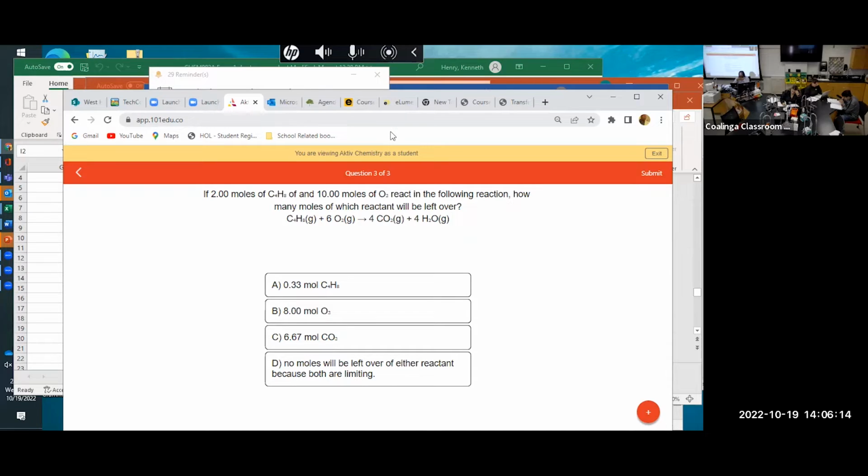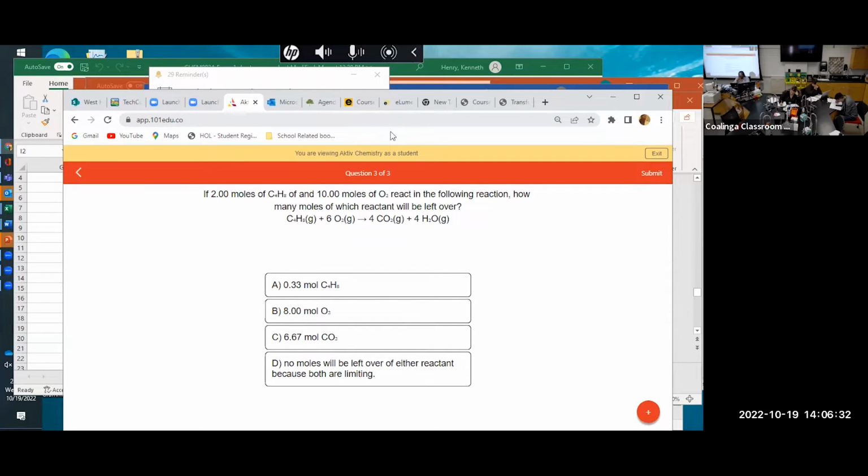You have 2 moles of butene and 10 moles of oxygen reacting in the following reaction. How many moles of which reactant would be left?